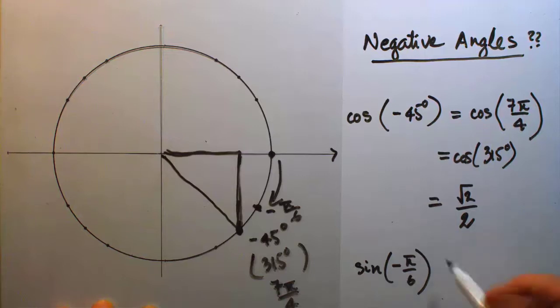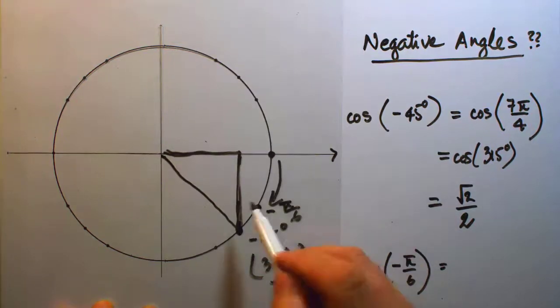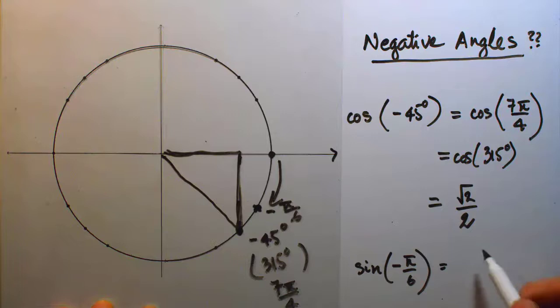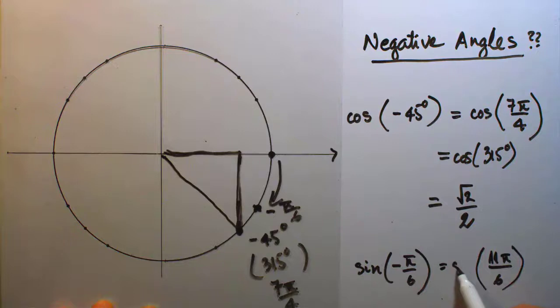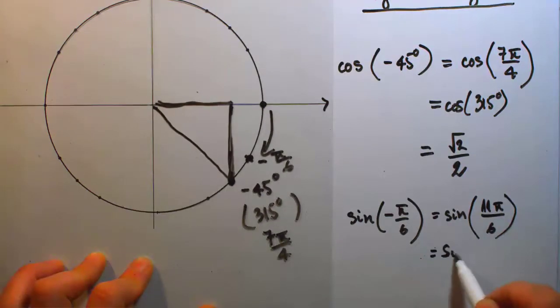And so negative pi over 6 is coterminal with a positive 11 pi over 6. So sine of negative pi over 6 is exactly the same as the sine value of the positive 11 pi over 6, or the same as the sine value of 330 degrees in the degrees expression.